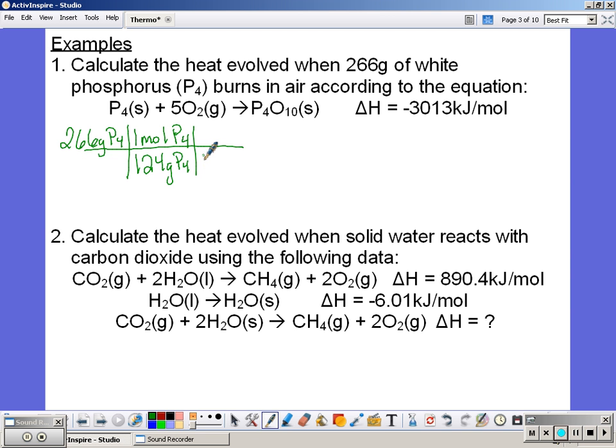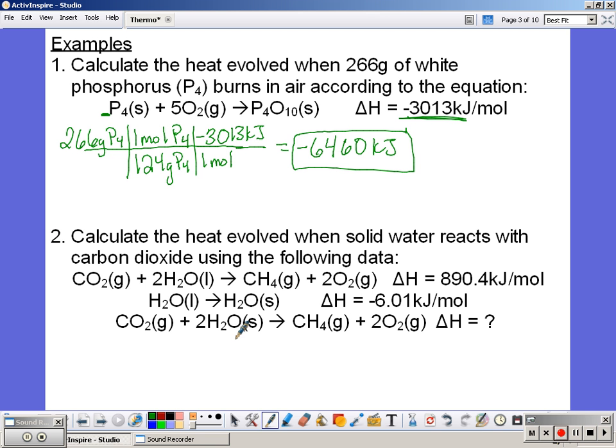And then looking at our balanced equation, we know that 1 mole of phosphorus will give off negative 3,013 kilojoules. And so we get an answer of negative 6,460 kilojoules being released.